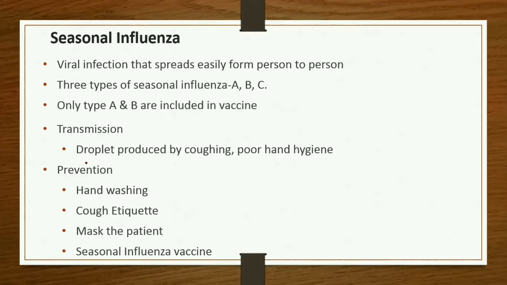And how to prevent this disease? By regular hand washing. Then cough etiquette, which describes the infection prevention measures to decrease the transmission of respiratory illness. That is, we always use tissue paper or a handkerchief and cover the mouth whenever we are coughing, sneezing, or talking.